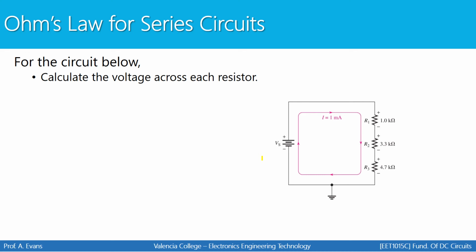So we'll start by calculating the voltage across each resistor. To do that, we're simply going to use Ohm's law. Ohm's law says that V equals I times R. We know the current through all three of these resistors has to be 1 milliamp. So then we're simply going to take that current and multiply by each resistor value. So VR1 comes out to be 1 volt. And there's my label.